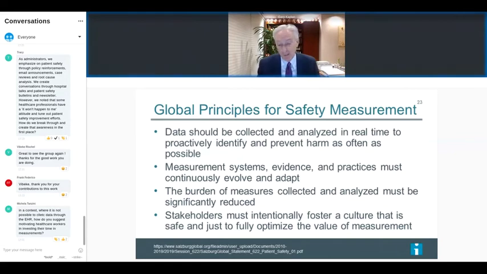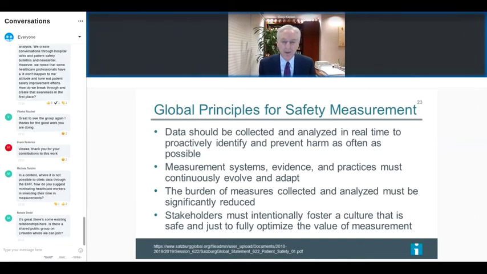The burden of measures collected and analyzed must be significantly reduced. This was a big one, particularly for delivery systems, where, like I lead, the burden of measurement is on our people to collect the data, to analyze the data. And how can we simplify the measuring systems so that the burden is mitigated, that it's something that is easy to do?